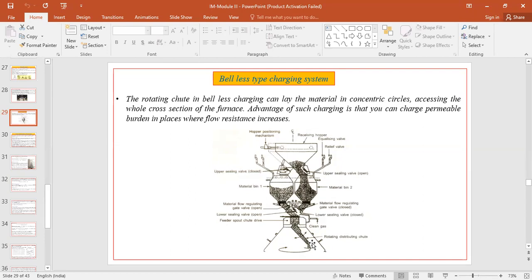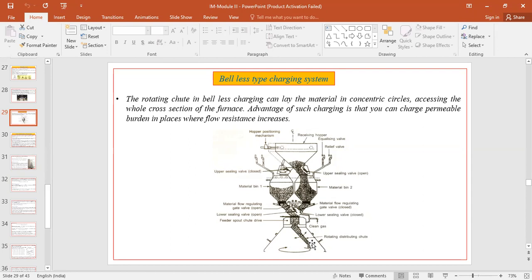You have around 10 to 12 circles in the blast furnace, and usually we allow the coke and all to fall at the peripheral zone.